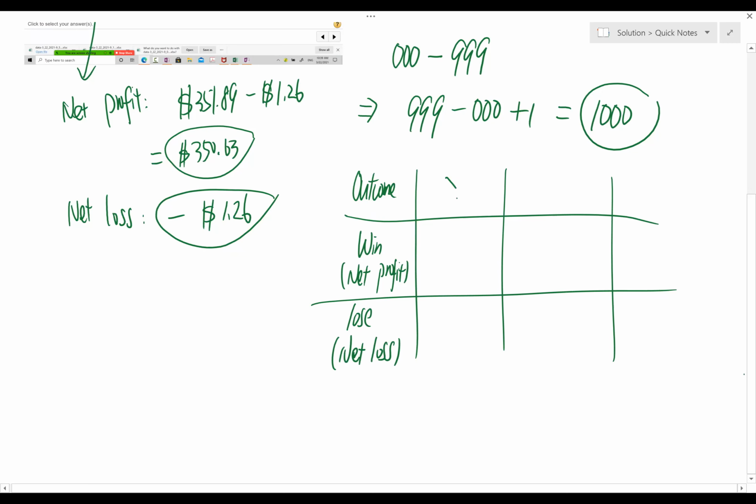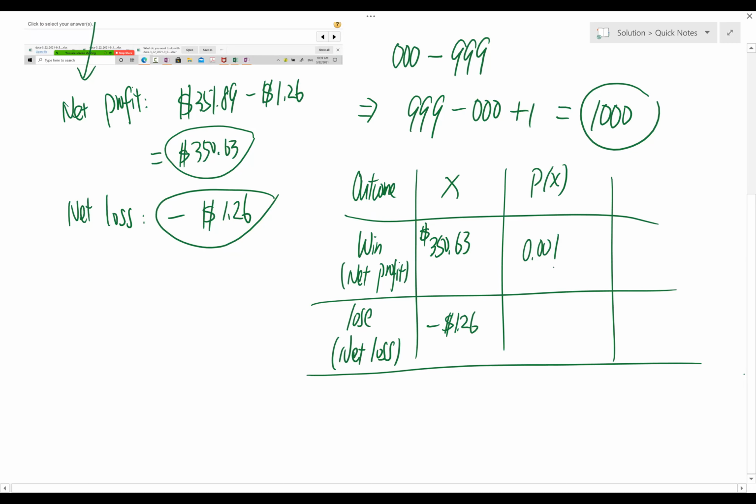And this X represents the monetary reward or loss. So here if you win, the net profit is $350.63. If you lose, then the net loss is $1.26. And the corresponding probability, the winning probability is 1 over 1,000. We already calculated that earlier, right? So it's 0.001. That's the winning probability.